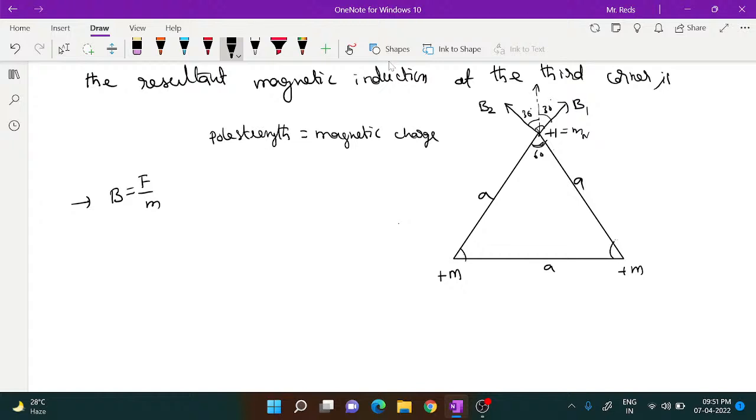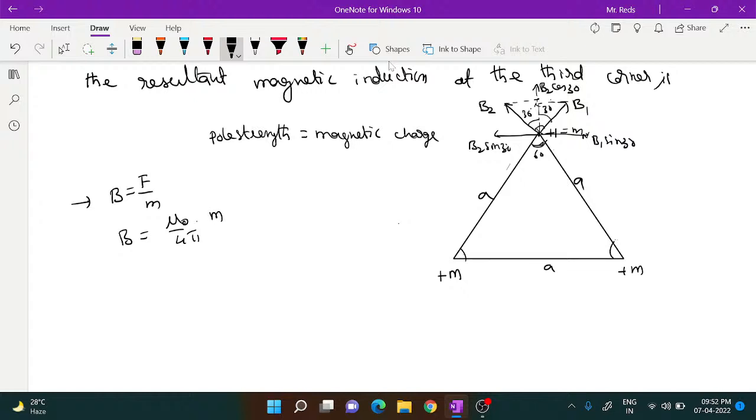So if you resolve this, you get B2 cos 30 and B2 sin 30. Similarly, due to B1, you get B1 cos 30 and B1 sin 30. Here B1 and B2 are equal. B can be expressed as mu naught by 4 pi into pole strength by distance squared.